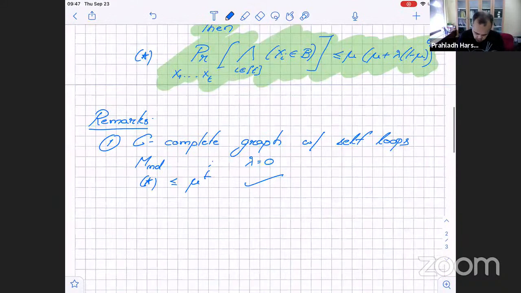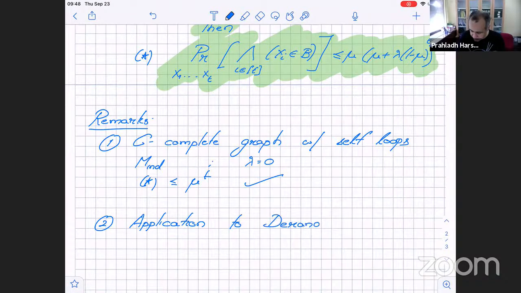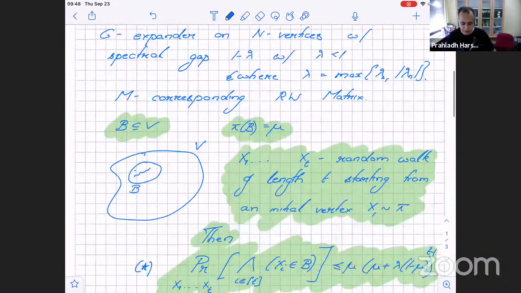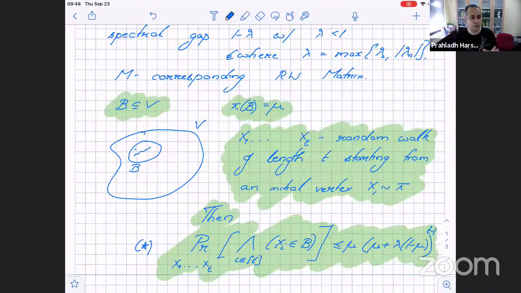Now I want to show that this actually has an application to de-randomization. So before we go into the proof of it, let's try to understand the statement of the theorem a little more. We'll see an application of this and then go into the proof. So once again, any questions on the statement of the lemma?